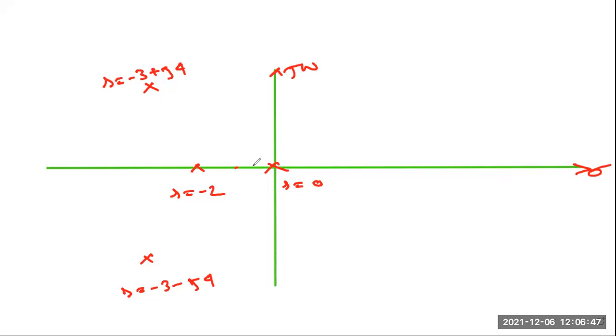Yes, sir, -2 to 0. Yes. So that means one root locus will start from here and another root locus will start from here. Both will move in opposite directions, and they will obviously meet at a particular point. That will be your breakaway point. We will calculate those things.